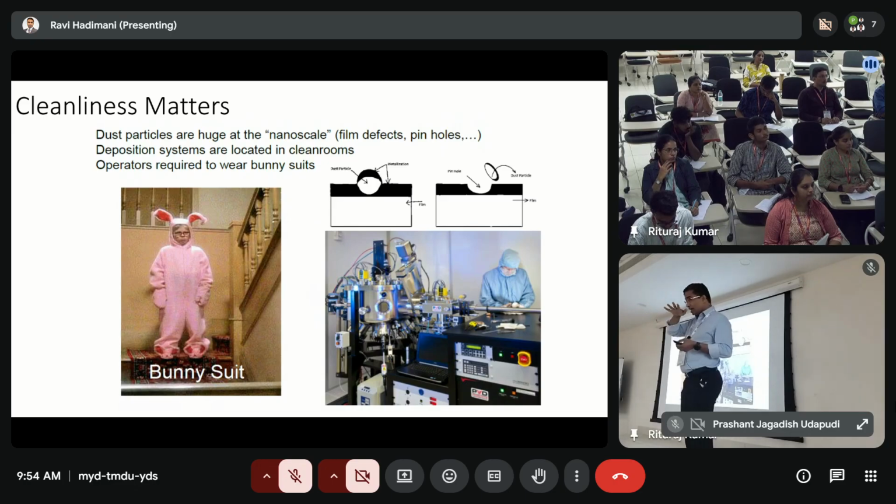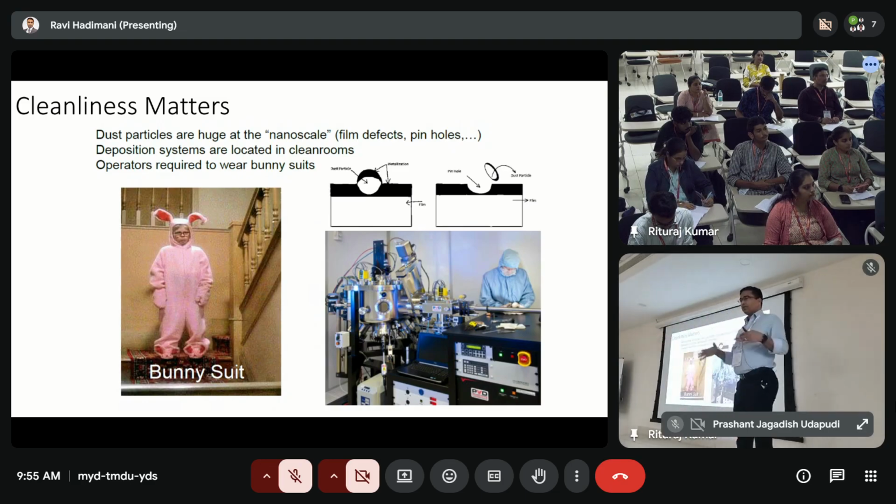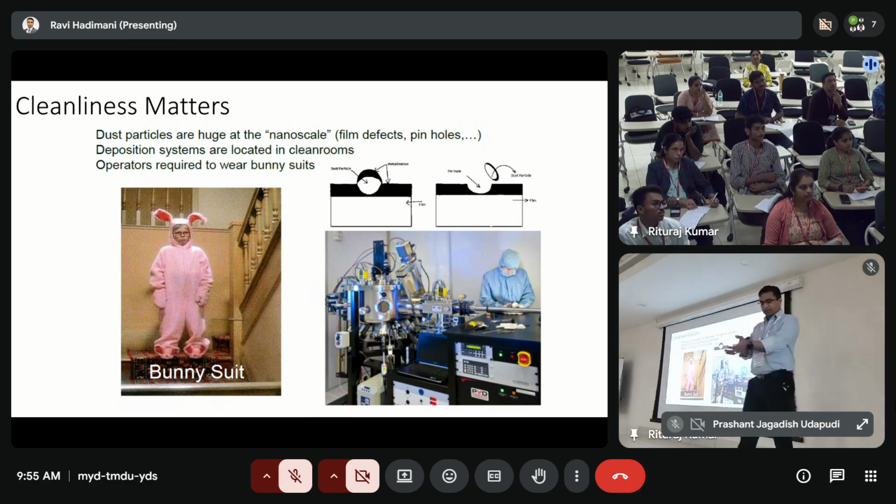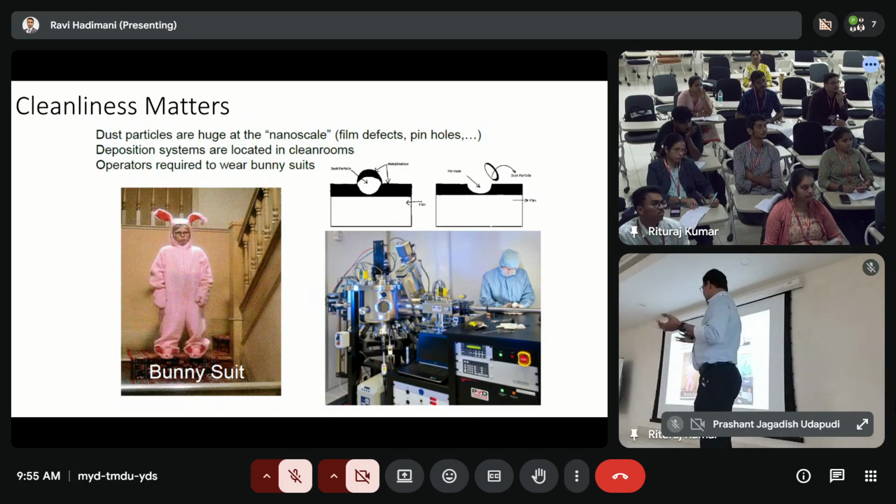It has to be well controlled, like a single crystal thin film. You don't want any fluctuations of impurities or dust particles. So it has to be a very clean environment, and people wear a bunny suit, because even your skin molecules or hair follicles should not come out.